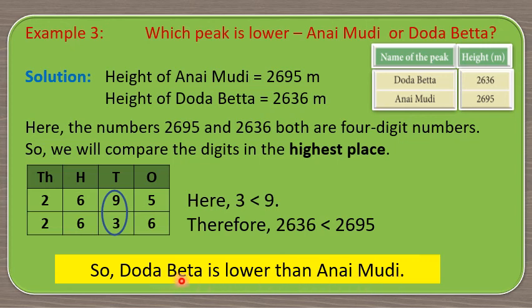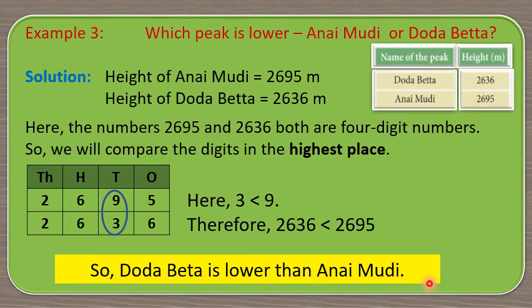So height of Doddabetta being 2636 meters, it is the lower mountain than Anaimudi. Or height of Doddabetta is less than the height of Anaimudi.